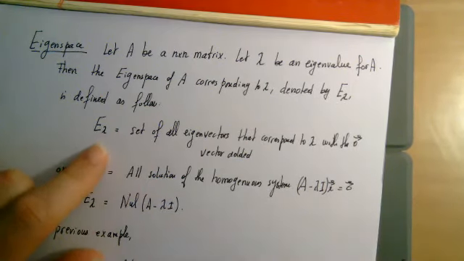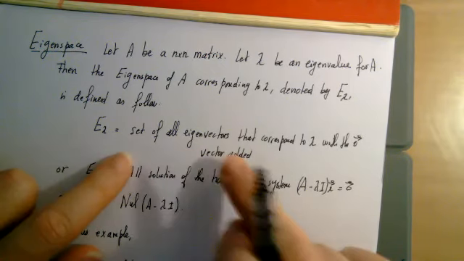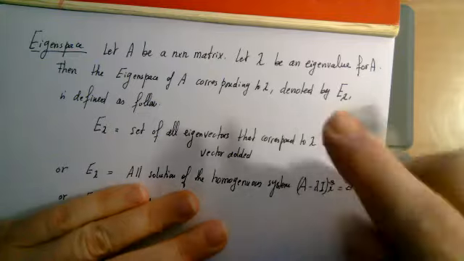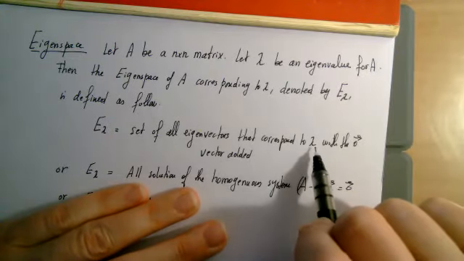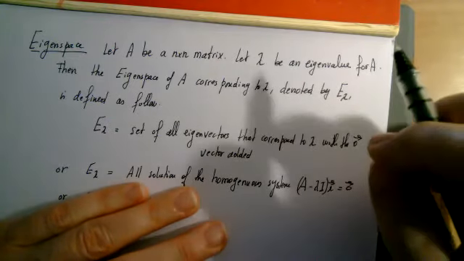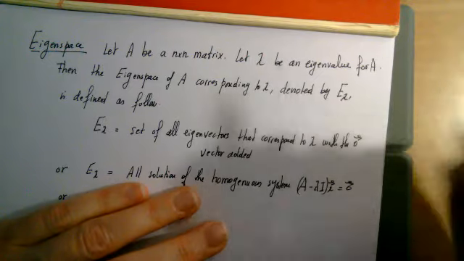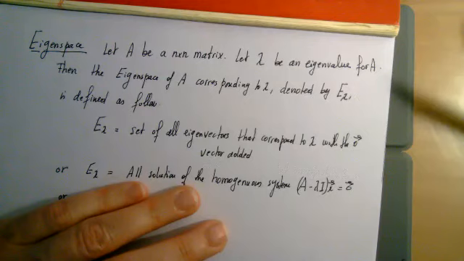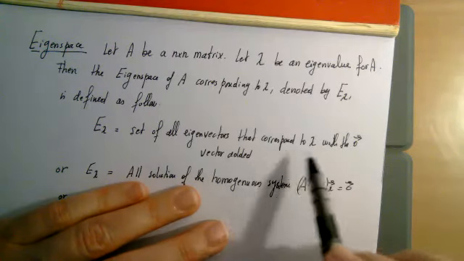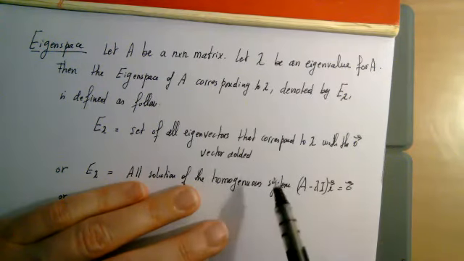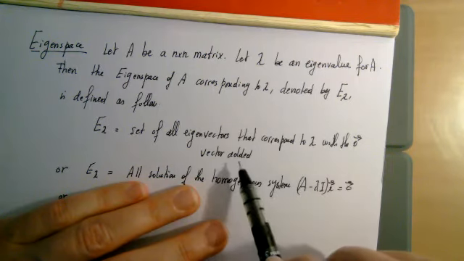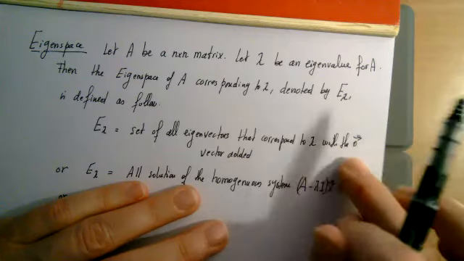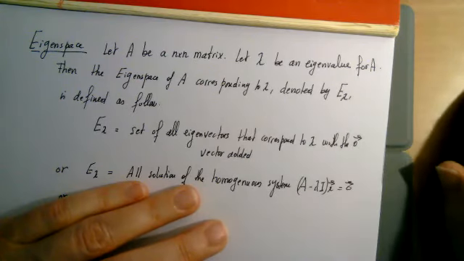The eigenspace is all the eigenvectors that correspond to lambda, because if I have my eigenvalue, it means my system AX equals lambda X has a non-zero solution. It means it has a lot of them. So E lambda is all the eigenvectors that correspond to lambda, but we will throw in the zero vector, which is not an eigenvector. That's why I said with the zero vector added.